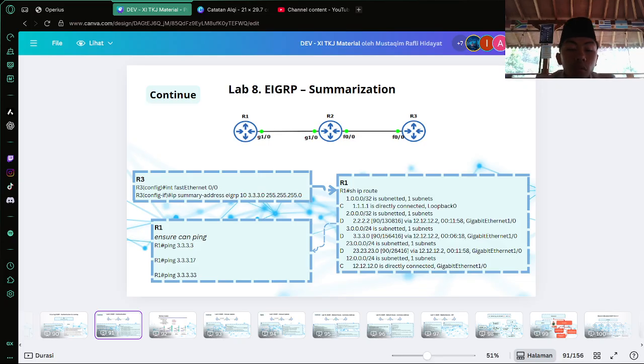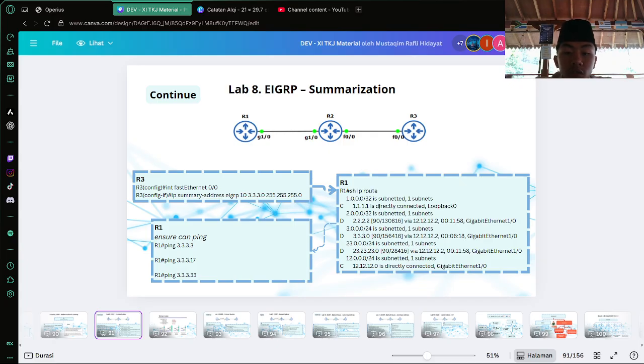The goal is to make the routing table on router 1 smaller and more efficient by combining multiple routes into a single summary address. This improves network scalability and reduces the CPU load on routers.